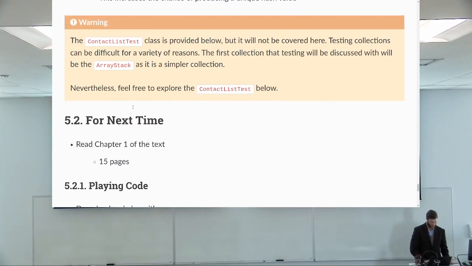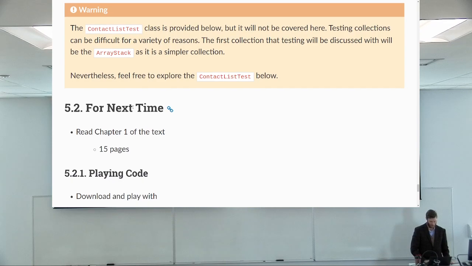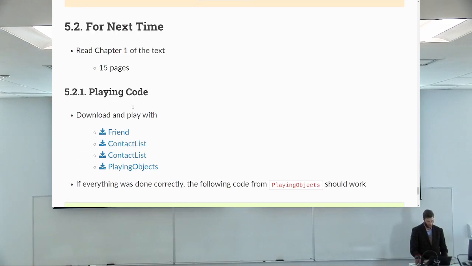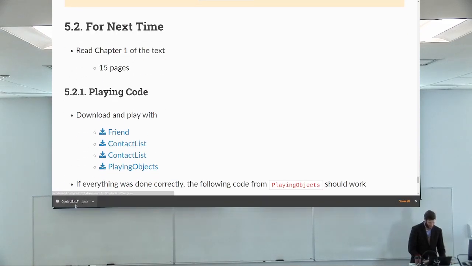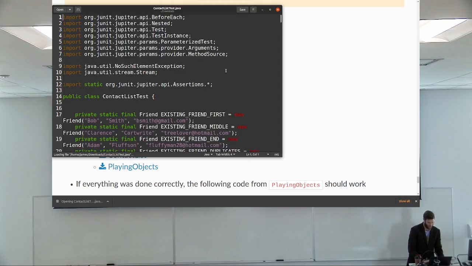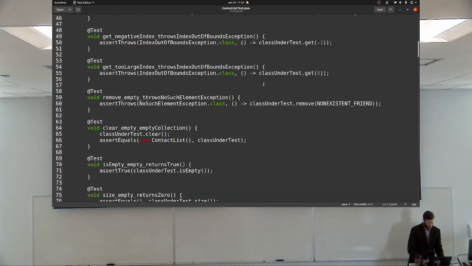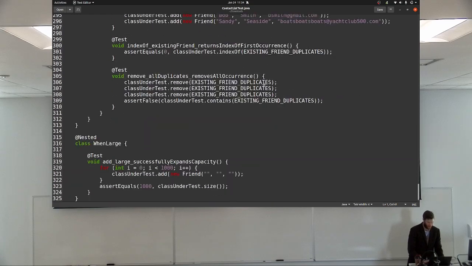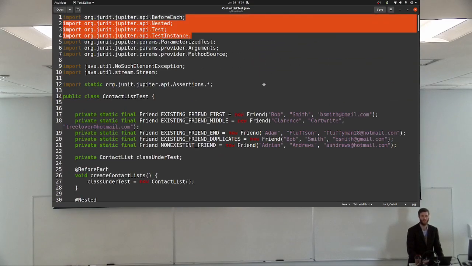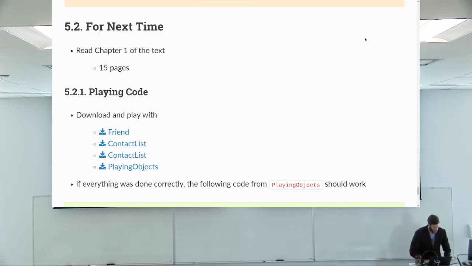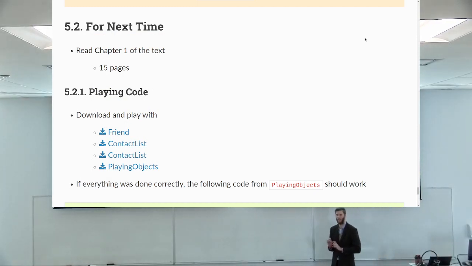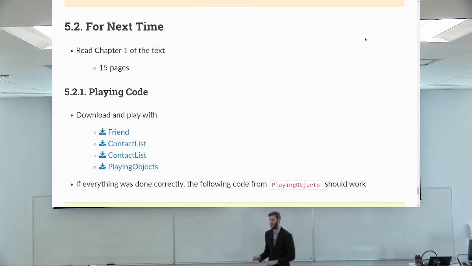Okay. So I did include the contact list test class. If you really care, we can open it. There's a lot going on with the unit test for the contact list. I'm not going to go into this. If you really want to go for it, have fun. I'm going to not talk about testing collections until we finish talking about the array stack, because the array stack is far simpler of a collection than the contact list.